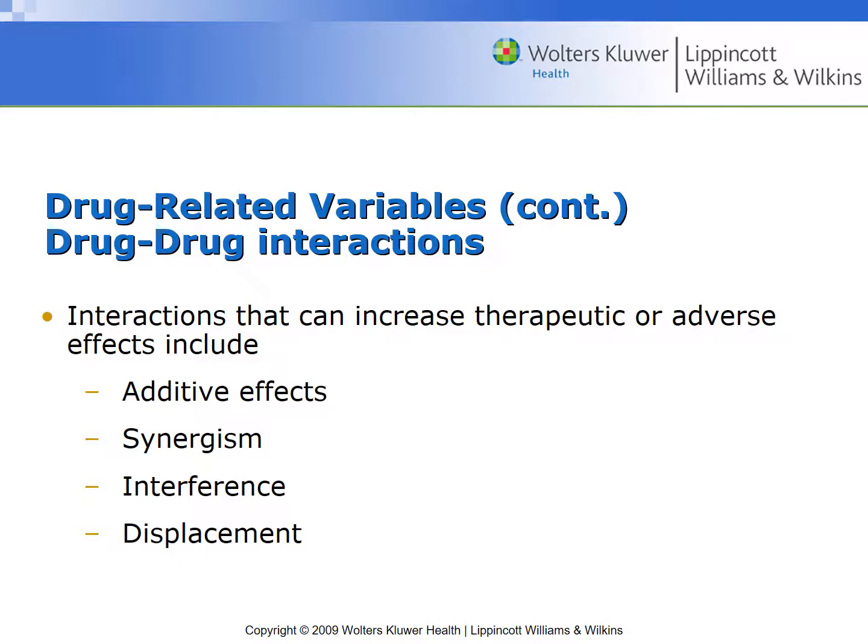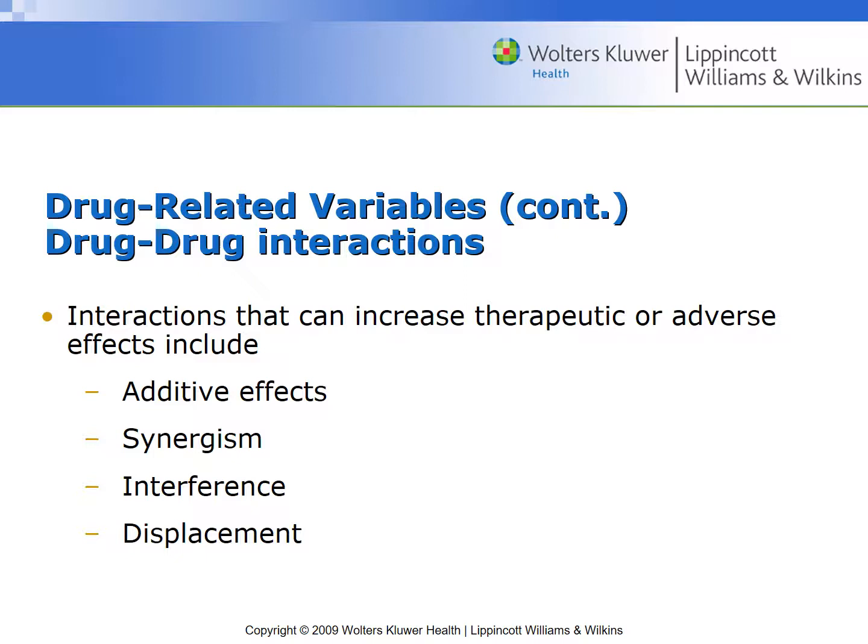So additive effects is when two drugs with similar actions are taken, such as alcohol and sedatives. Okay, alcohol is a drug, by the way. Both of them depress the central nervous system, so that means the patient's going to have an additive effect. And that's not a good thing, especially when we're talking about sedation.